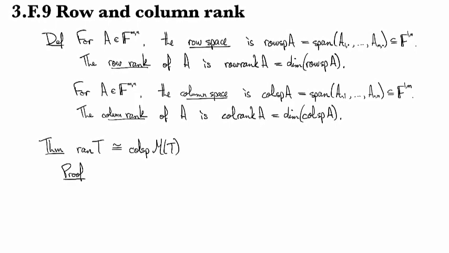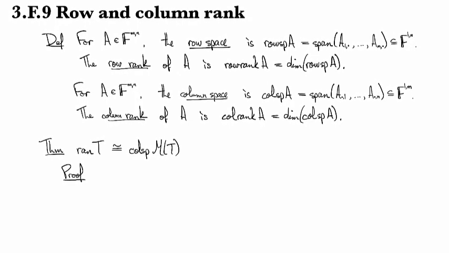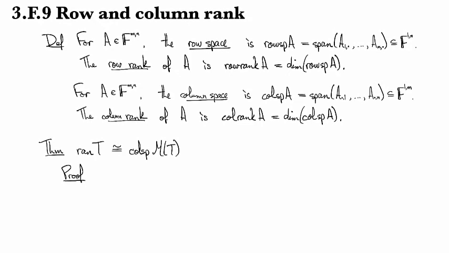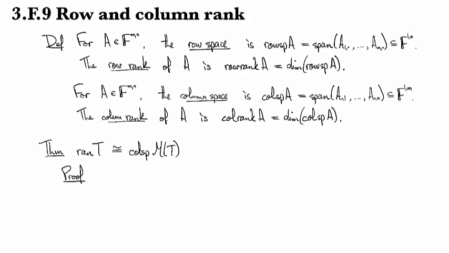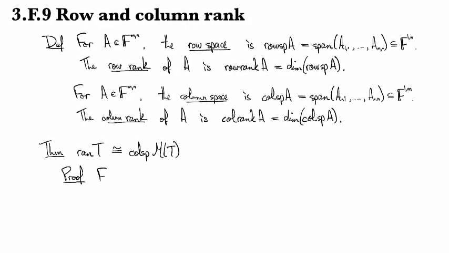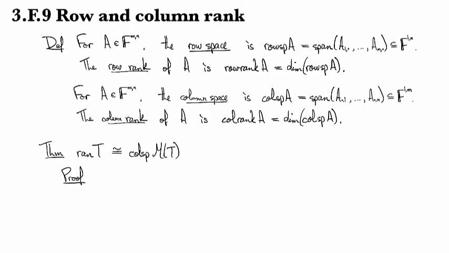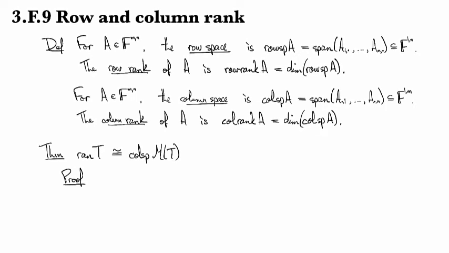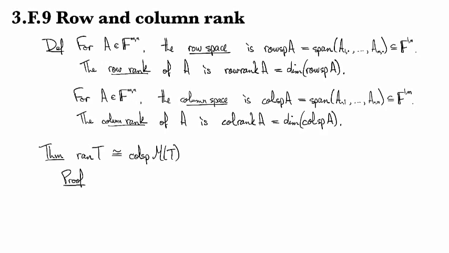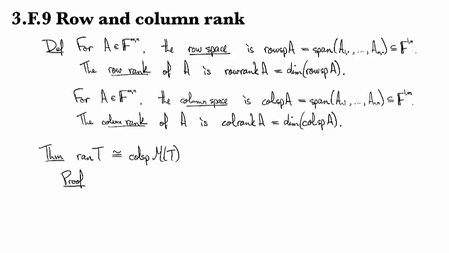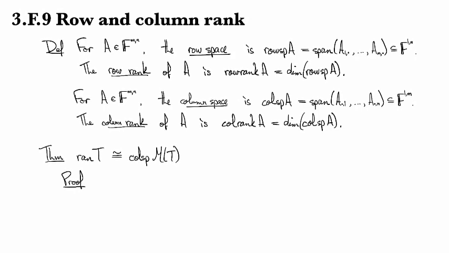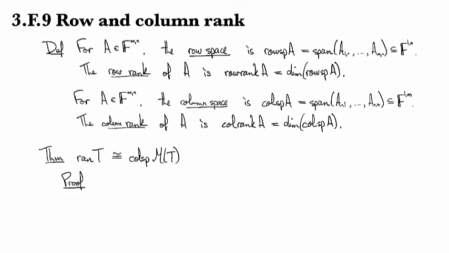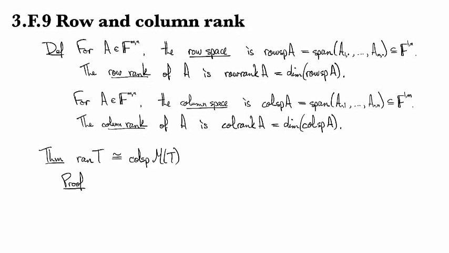Way back in, oh gosh, where was that? Chapter 2 somewhere? So, proof. Well, maybe I'll just sketch the proof. But the idea is that once you've fixed a basis for V and W, then moving from the transform to the matrix is your isomorphism.